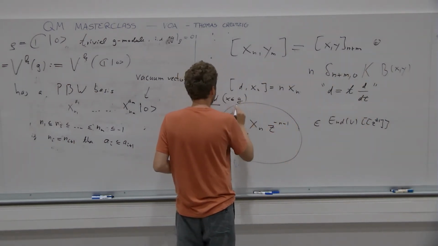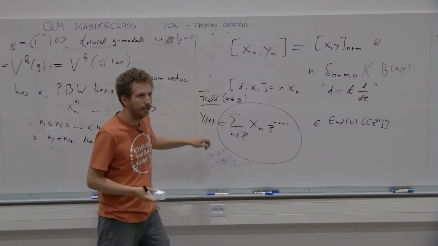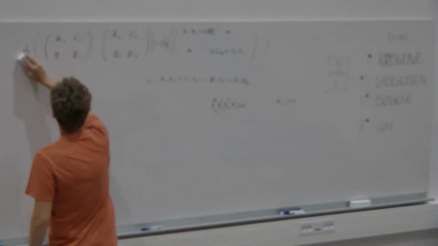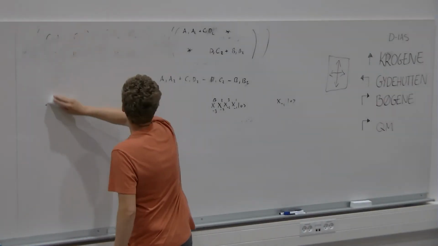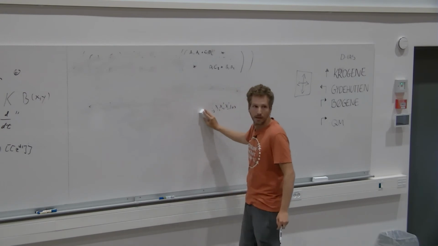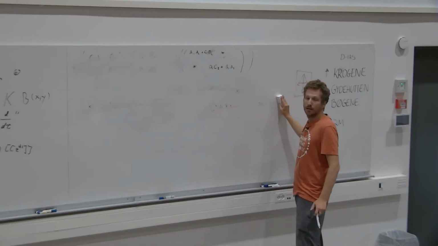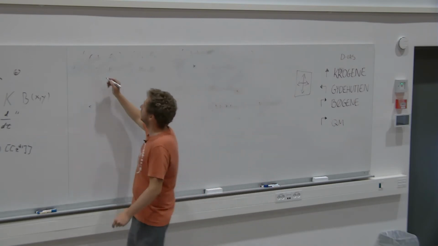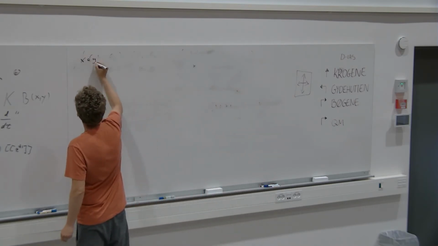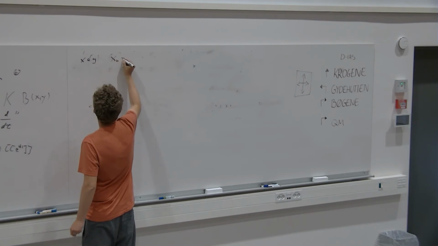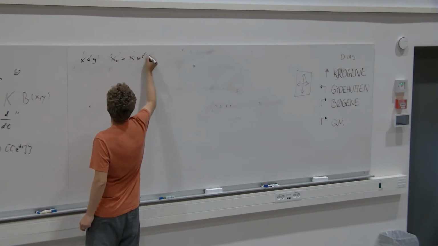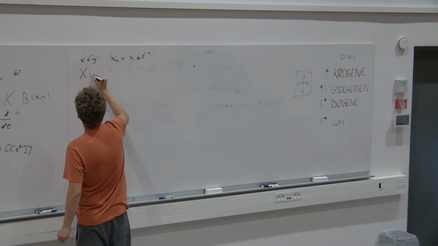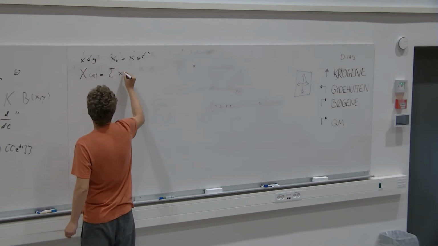We take an element in G, and then we have the associated field, capital X. So we take an element x in G, then we have the corresponding x_n, which is this x times t to the n, and then we have the capital X, which is what I wrote down.